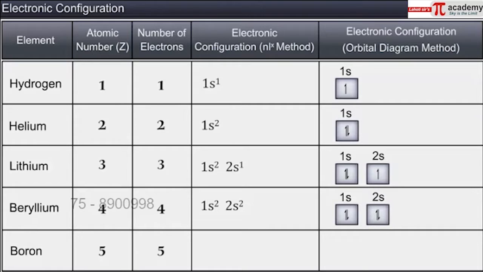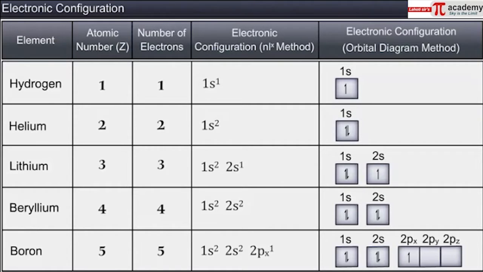Boron has 5 electrons. The first 2 electrons fill the 1s orbital. The next two fill the 2s orbital. And the fifth electron occupies the 2p orbital.